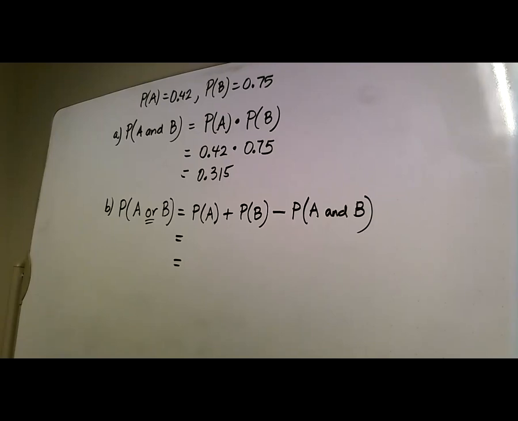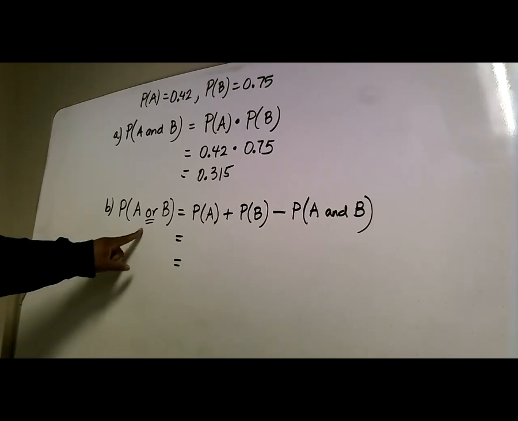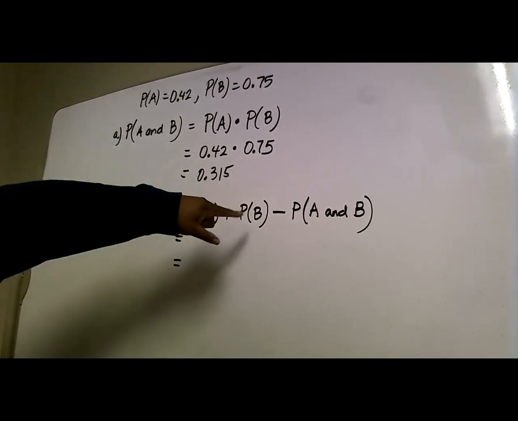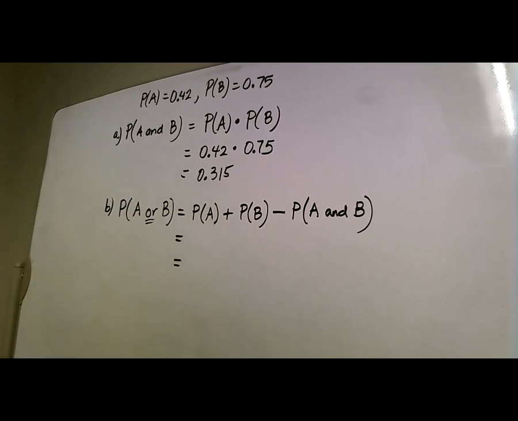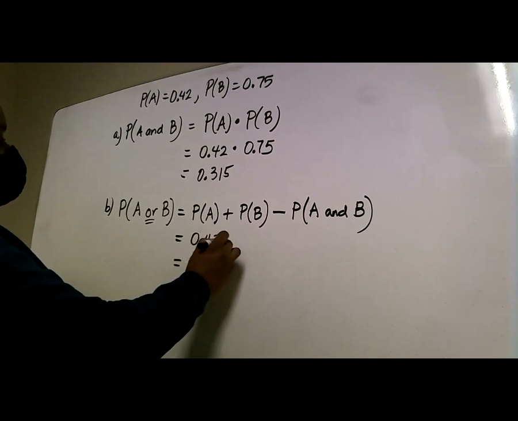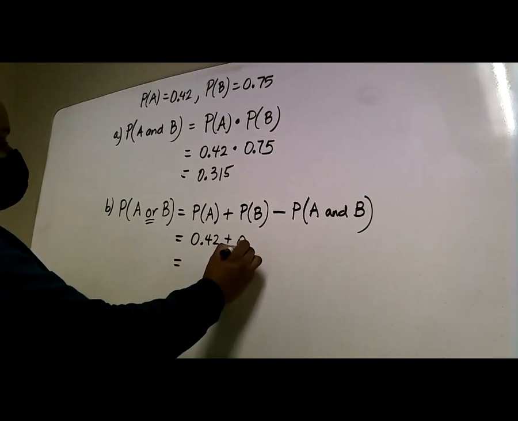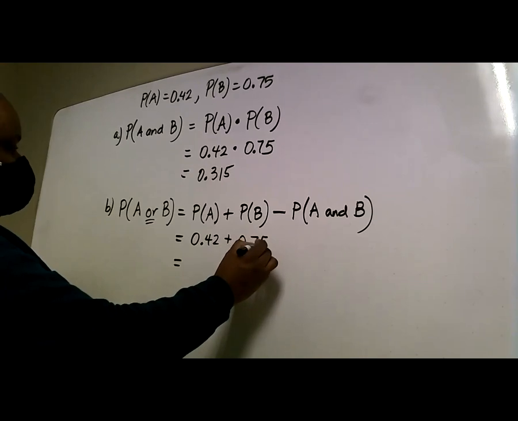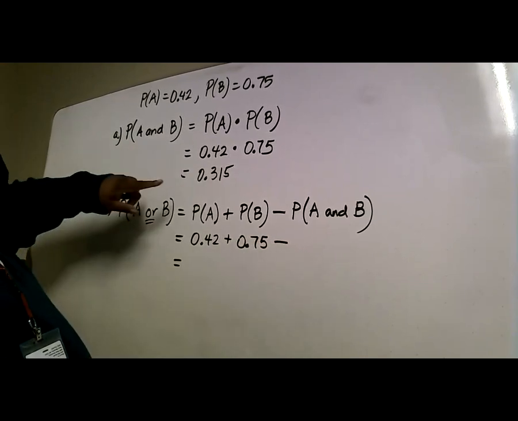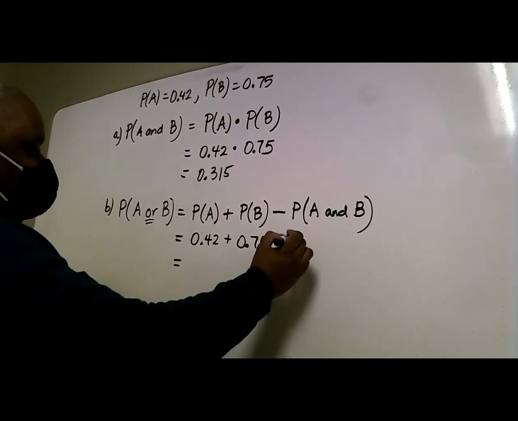Now part B is the probability of A or B, assuming that A and B have something in common. We have to use this formula here. So the probability of event A is 0.42 plus the probability of B, that's 0.75, minus the probability of A and B, which we found out to be 0.315.